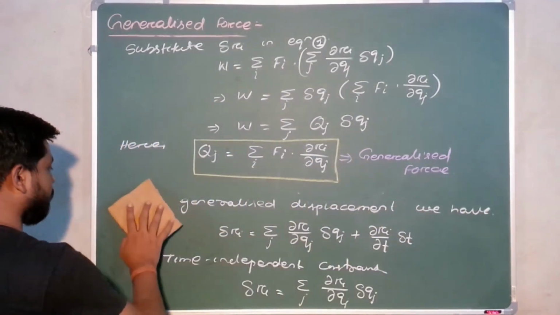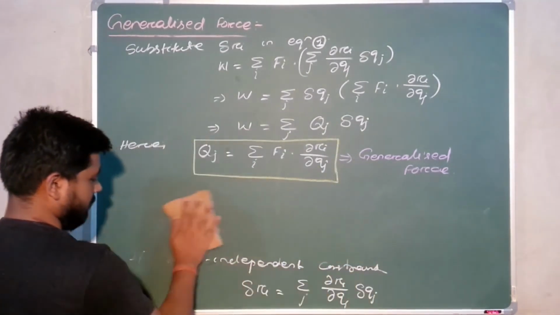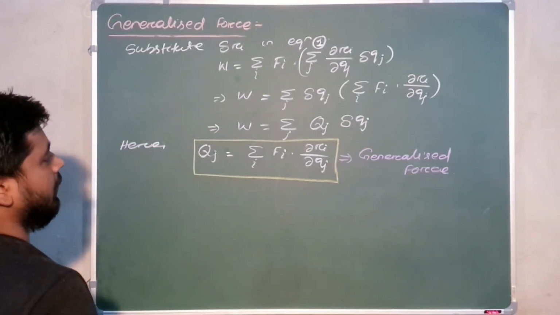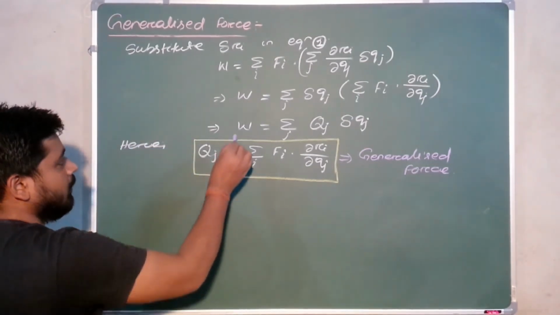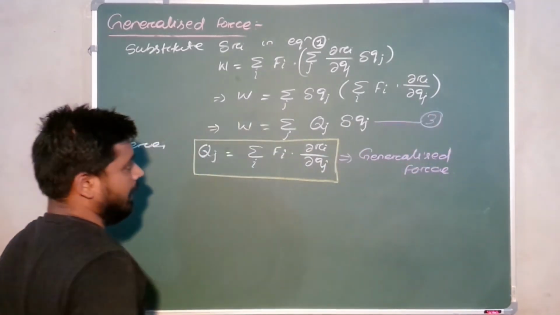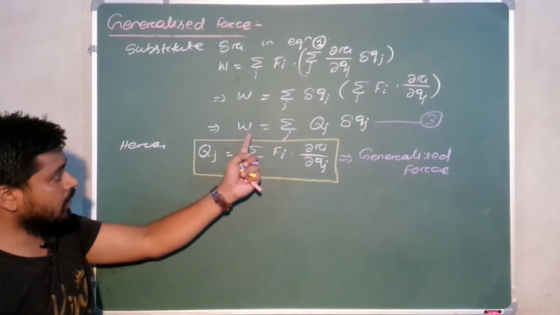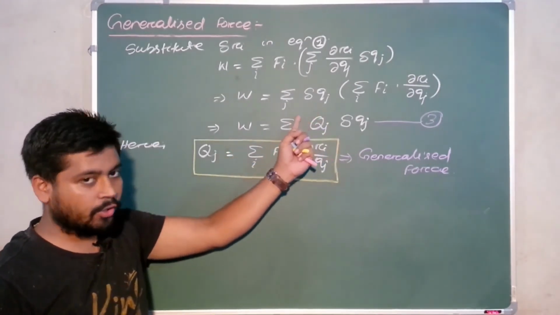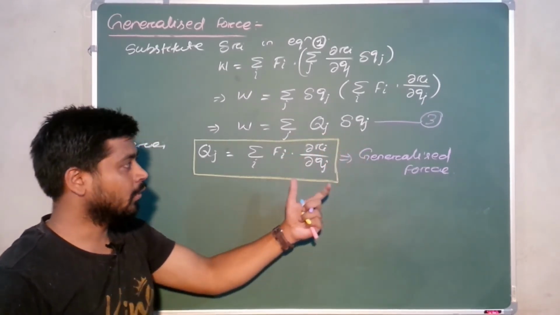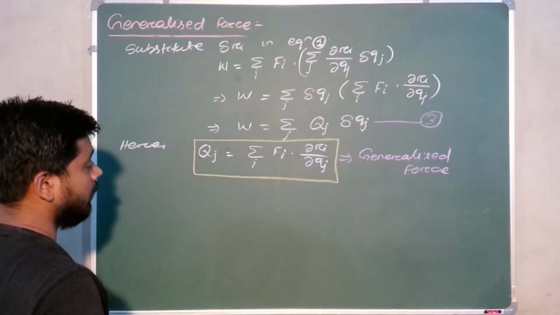Then another one is there, W. Yes or no? This is equation 3. This expression gives the work done by all the generalized forces in arbitrary displacement delta qj. Yes or no? What do I say? Just write down here, equation 3. What did we get in equation 3?